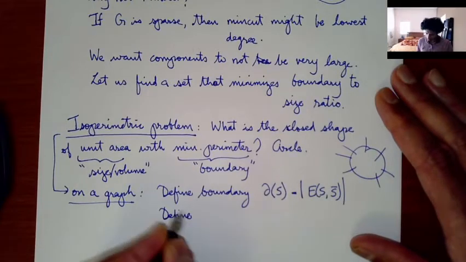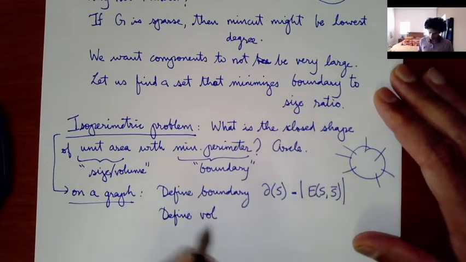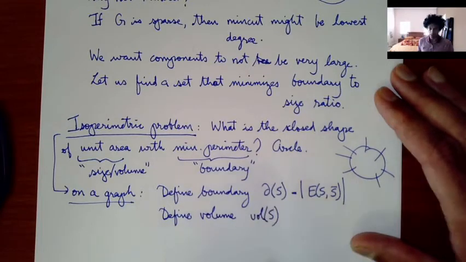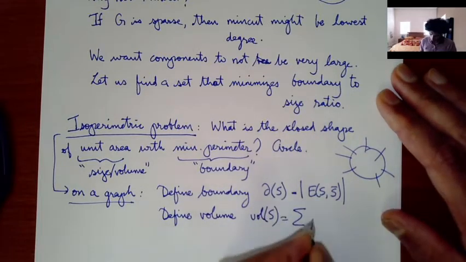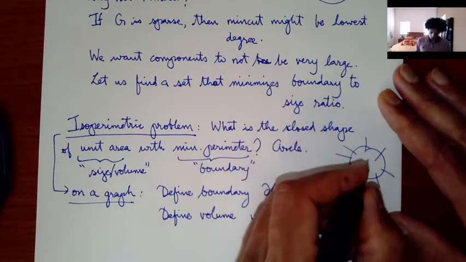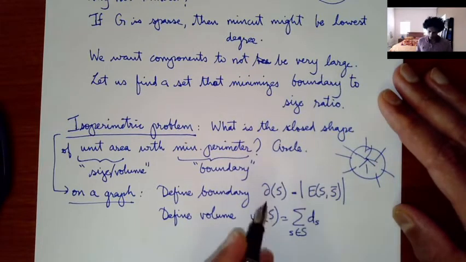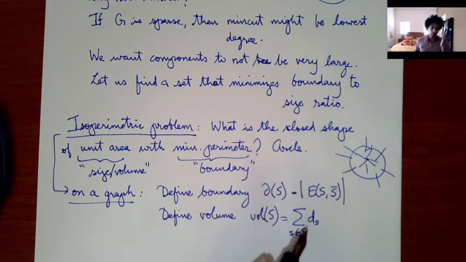Define the volume of the set to be the sum of degrees. So the volume of the whole graph is just the total number of edges, and the boundary is the number of edges crossing the cut.